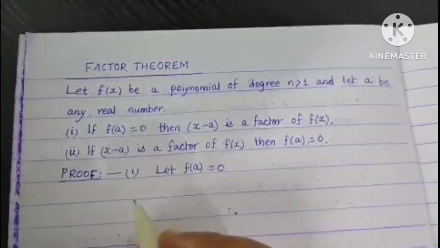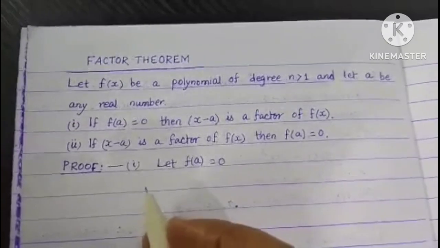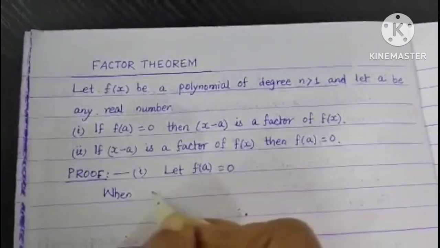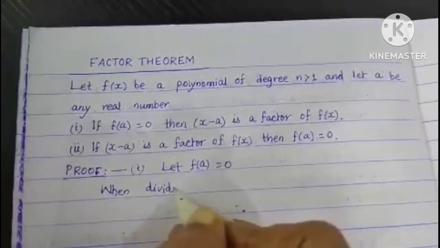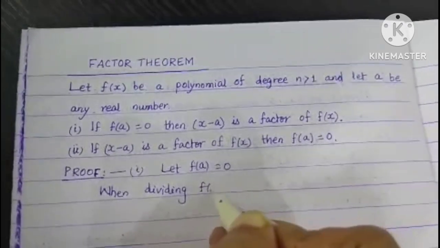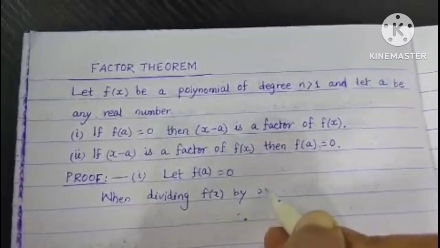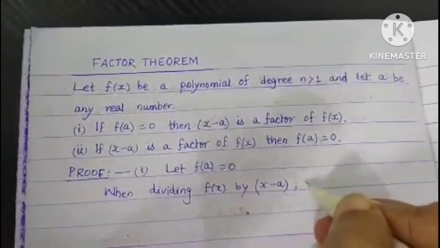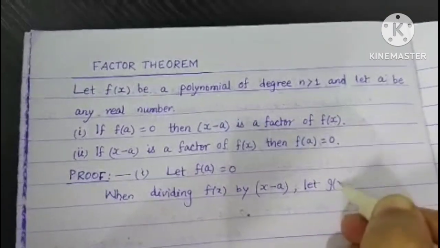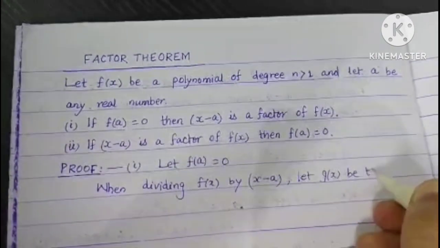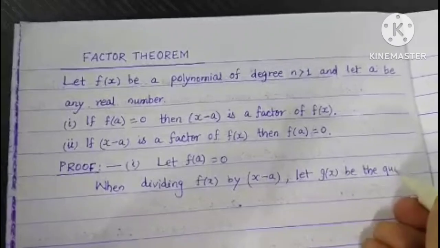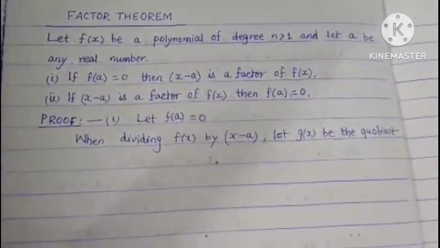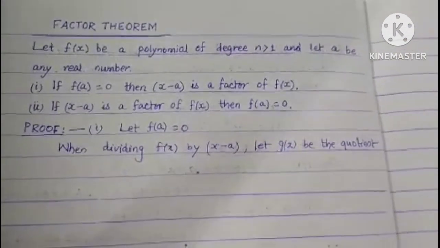Now let us divide f(x) by x minus a. When dividing f(x) by x minus a, let us suppose that g(x) is the quotient. We will use the same method which we had used in the remainder theorem.